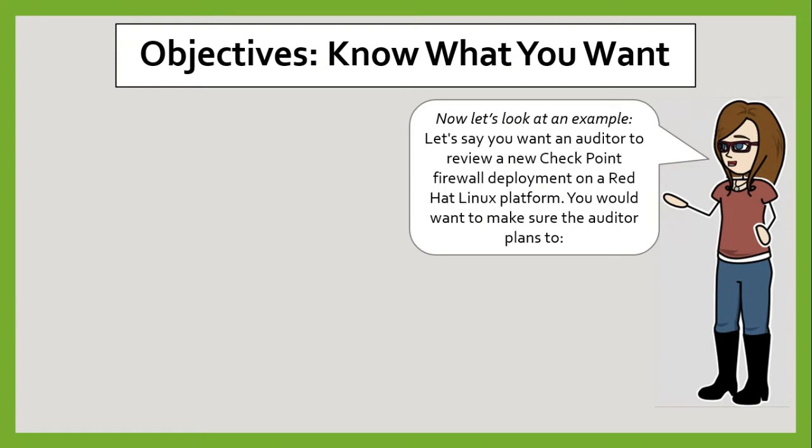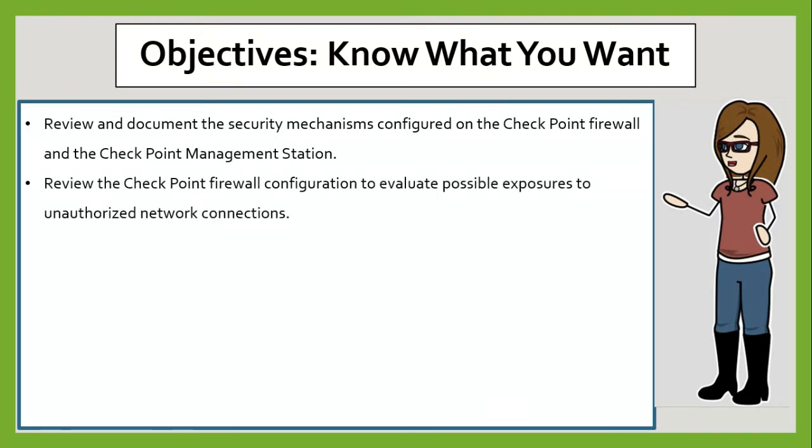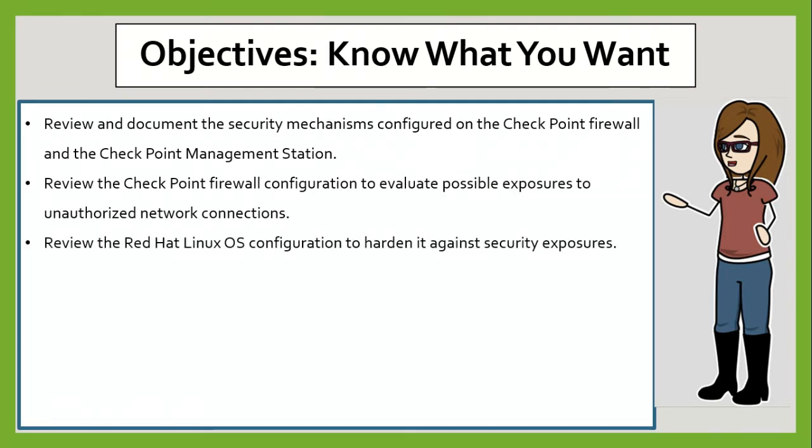Let's say you want an auditor to review a new Checkpoint firewall deployment on a Red Hat Linux platform. You will want to make sure that the auditor plans to review and document the security mechanisms configured on the Checkpoint firewall and the Checkpoint management station, review the Checkpoint firewall configuration to evaluate possible exposures to unauthorized network connections, review the Red Hat Linux OS configuration to harden it against security exposures, and review router configuration and logging procedures.